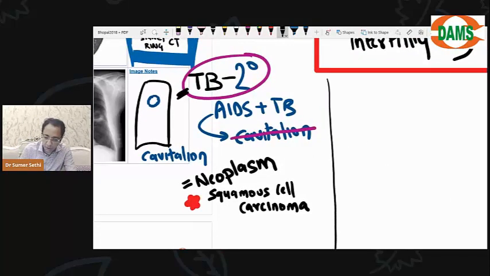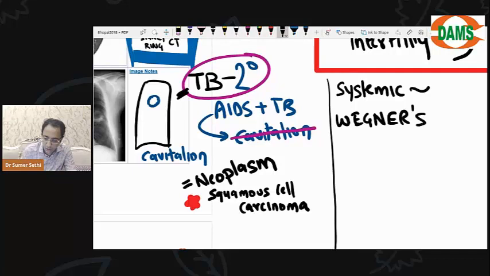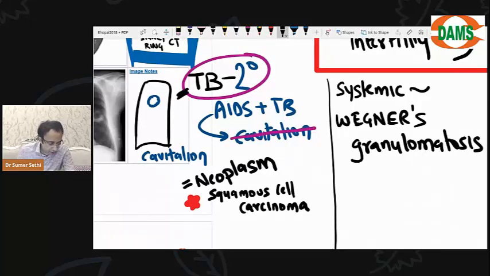And you may have bilateral cavitations in systemic disorders like, did you read this in ENT, Wegener's granulomatosis. Okay, so everybody clear?